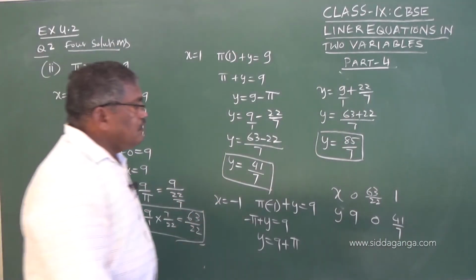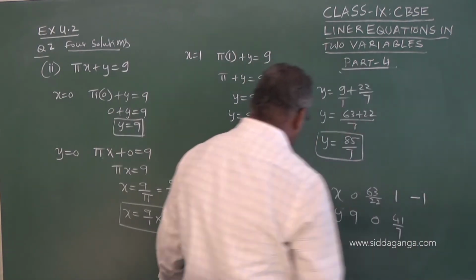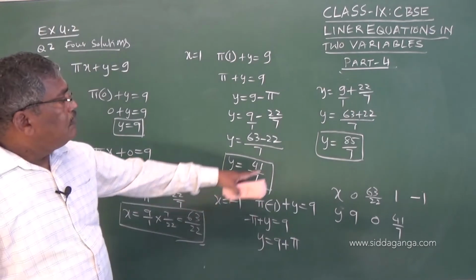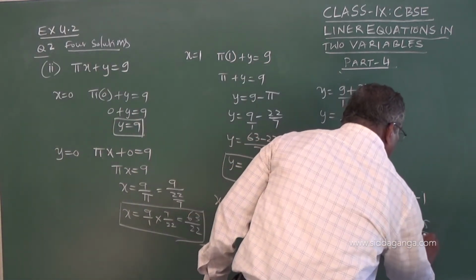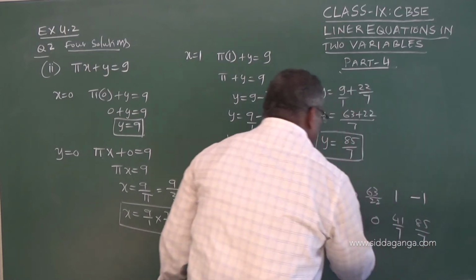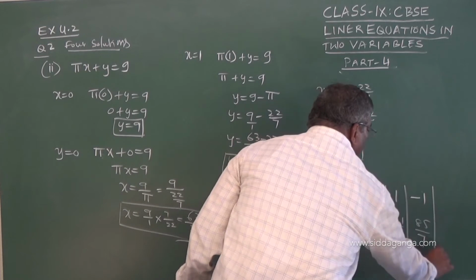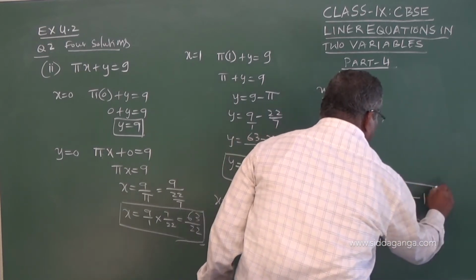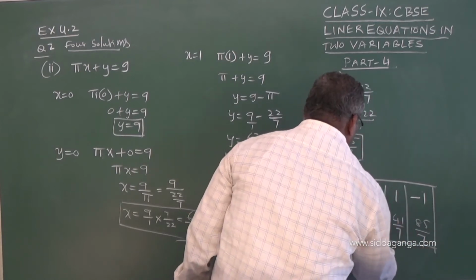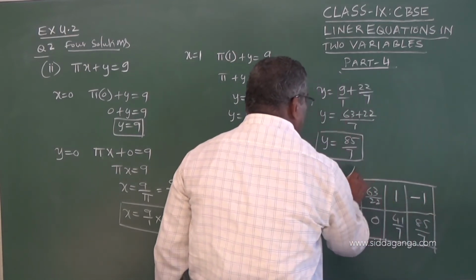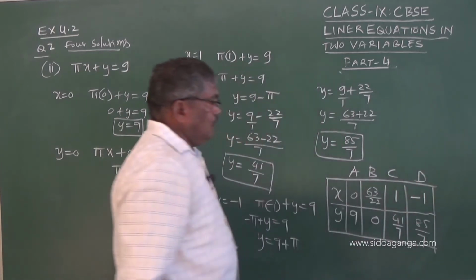And x is minus 1, y is 85 by 7. So 1, 2, 3, 4, these are the values. Now you can name them A, B, C, D points.